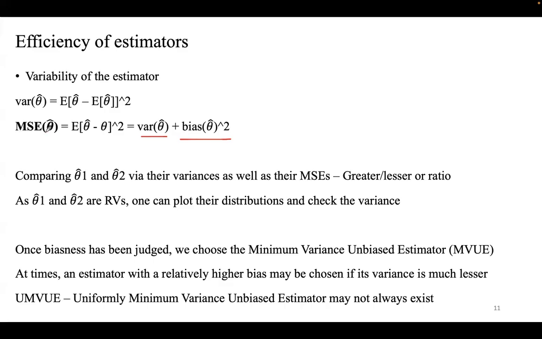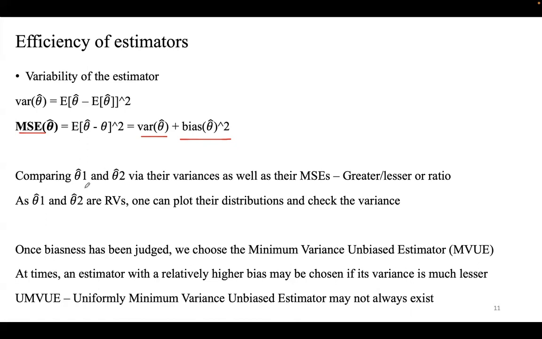So MSE, the mean squared error, would also be a fixed value. Ideally, we would want MSE to be 0, but it's not. It's a positive value. So what we can do is try to make MSE as little as possible.